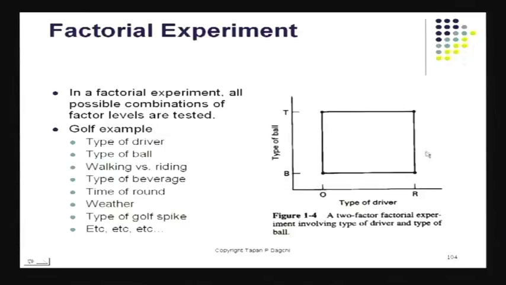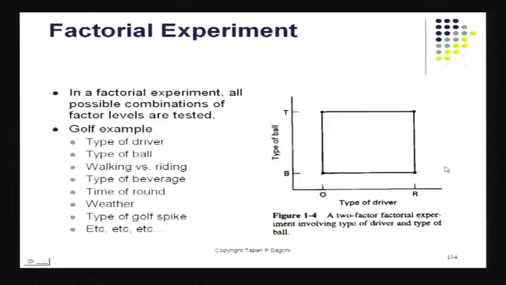Then of course O type driver and T type ball. And this one is the last combination possible, which is T type ball and R type driver. So I've got OB, RB, OT, and RT. These are the 4 different ways I could play this game.